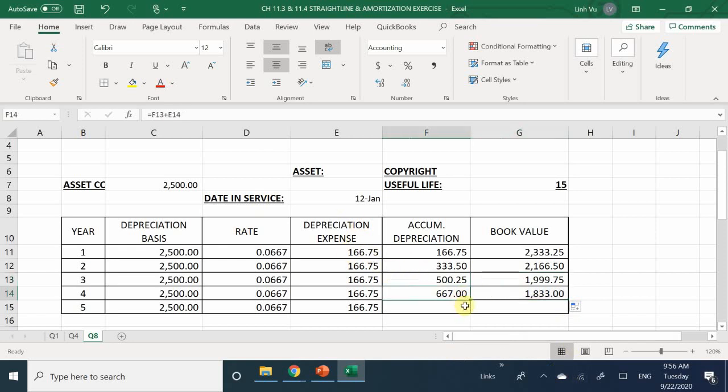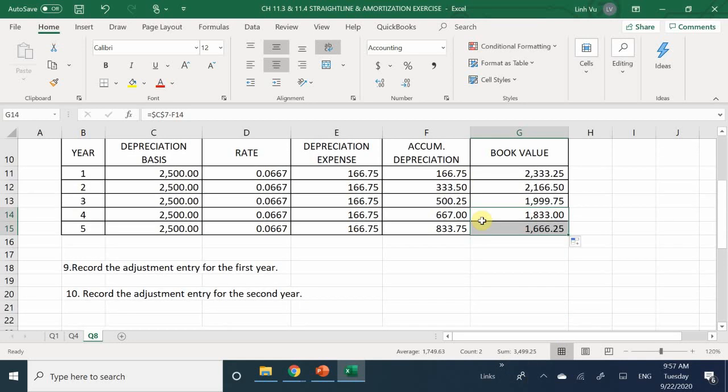And then lastly, my fifth year of accumulated depreciation is going to be 833.75, giving me a grand total of 1666.25.